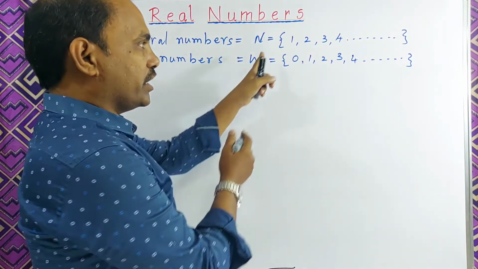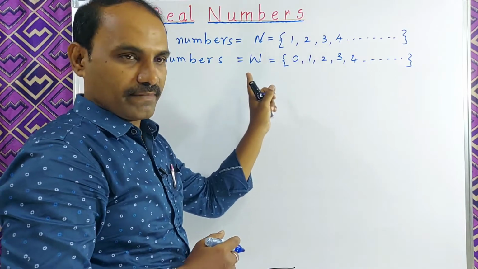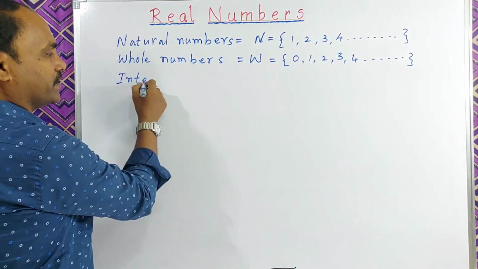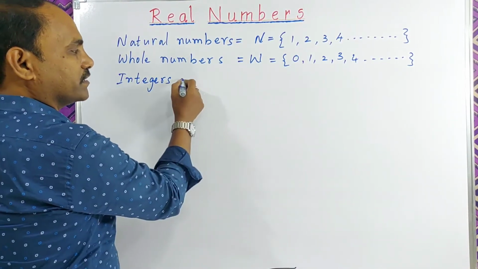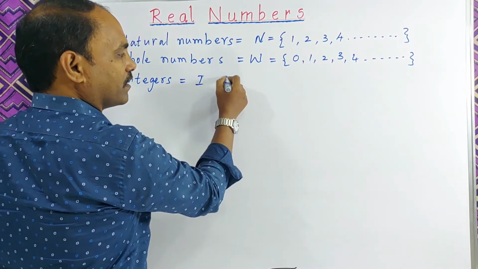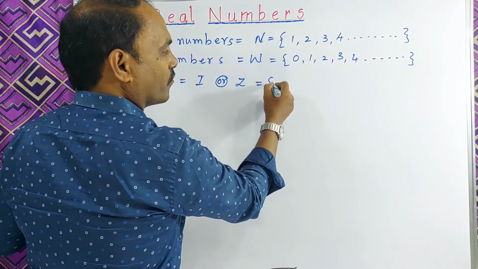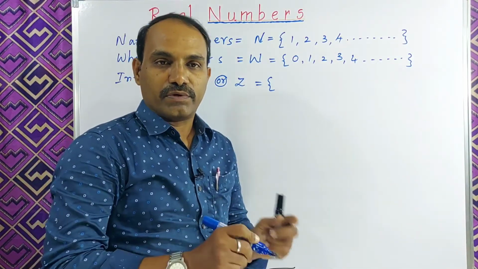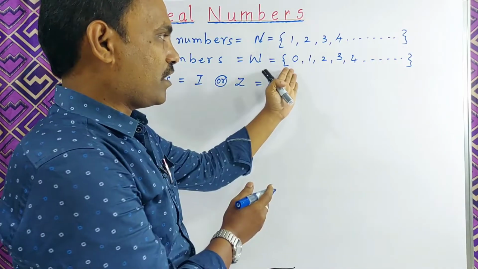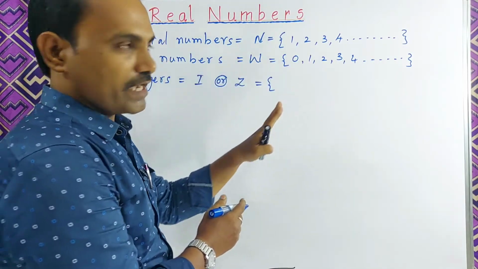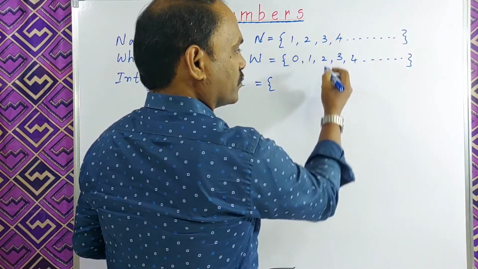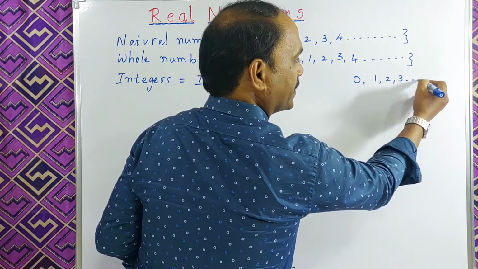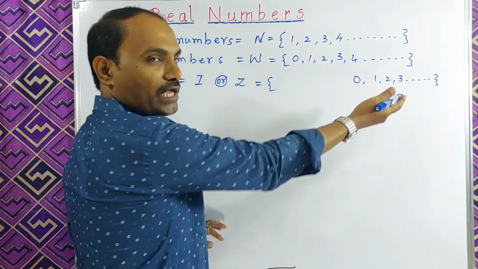If we add negative of natural numbers to the whole numbers, then those are called integers. These are indicated with I or Z. So first 0, 1, 2, 3 and so on, these are the whole numbers.